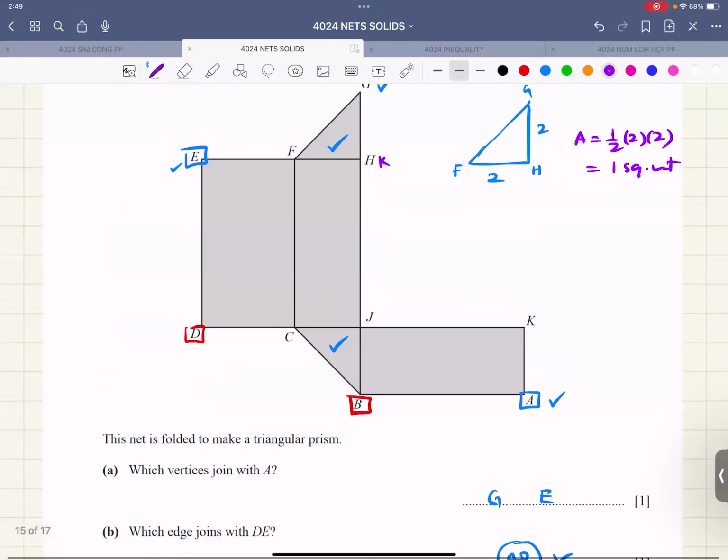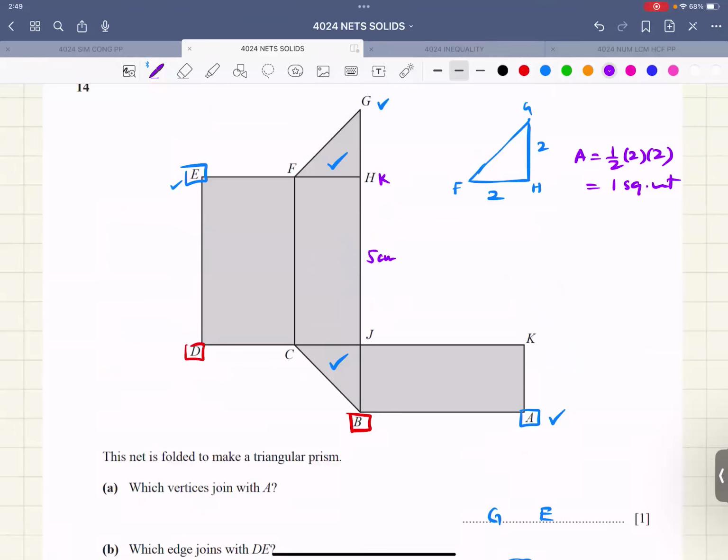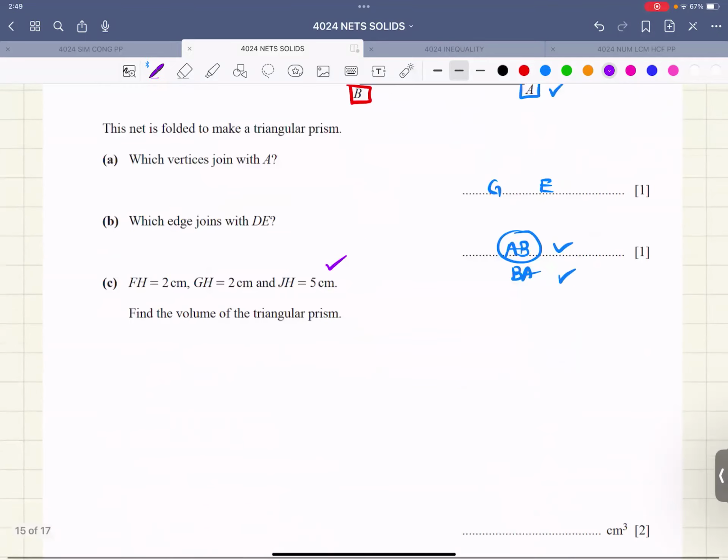JH is 5. What is JH? JH is this thing, 5 centimeters. That's the length. So therefore, the volume is cross-sectional area into length. So this half into 2 is 2, so this is 2 into 5. That comes out to be 10 centimeter cube. That's the volume of the prism. So this is 10 centimeter cube.